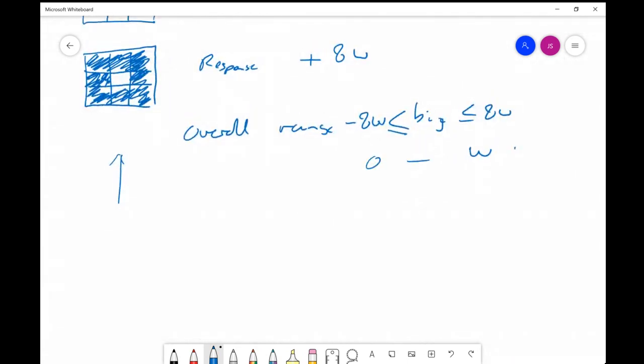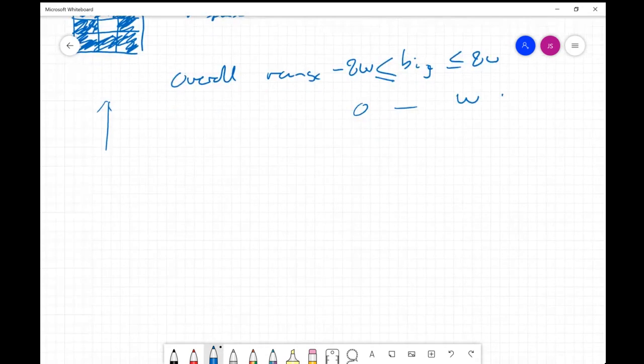So if we were to normalize from -8W, +8W to 0 to W by the shift and divide method, we would contract and compress the filtered image into a very narrow range of pixels.